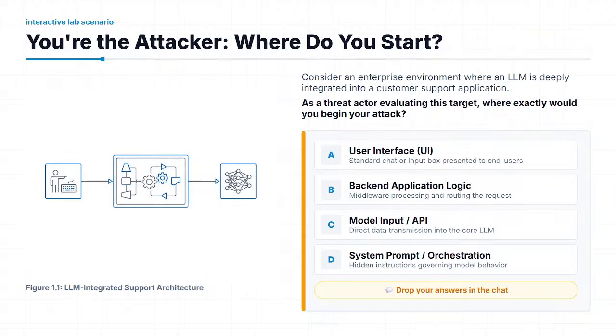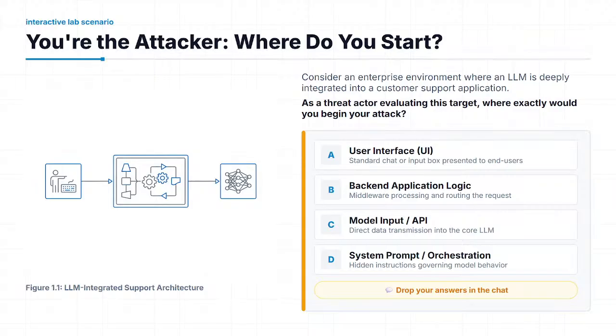So let's say, for instance, you have a very basic example: ChatGPT or Gemini integrated into a customer support application. Are you going to check the API transmission or the model in use, trying to figure it out from there? Or are you going to go toward the route of system prompts, orchestration, and the likes?